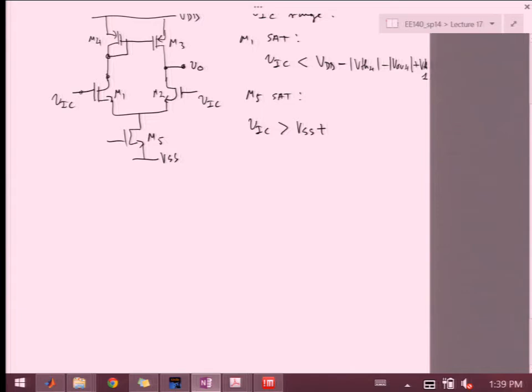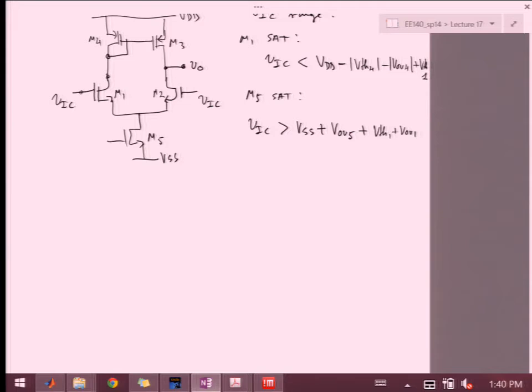Then we have to give V overdrive to M5. Then we're at the tail, and then we have to give the VGS for M1 and M2, so this is VTH1 plus V overdrive 1. So this is our total.